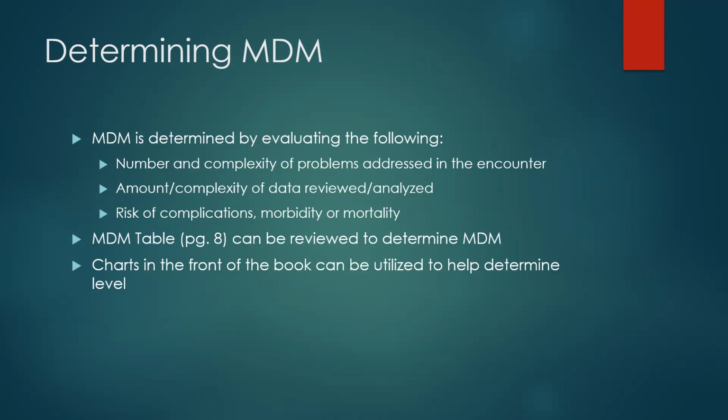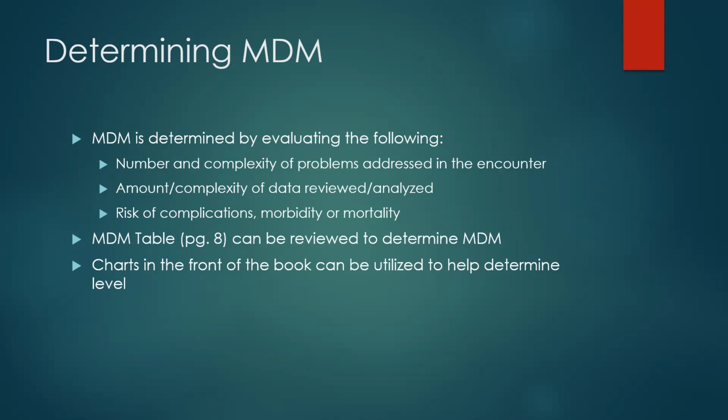The third part of picking MDM is risk of complications, morbidity, or mortality. And I think that in the past, and I've made this mistake too, and recently it's been clarified a little bit better by the AMA, but in the past we've kind of thought, okay, is this the risk of mortality for the patient with their condition?